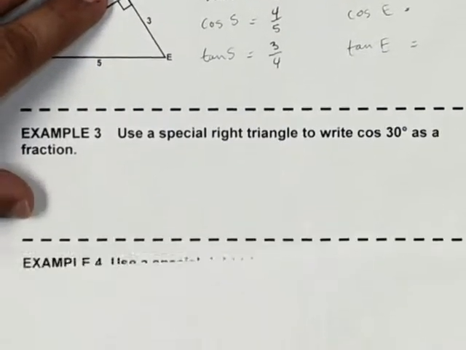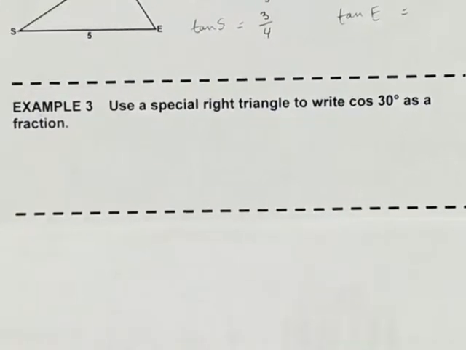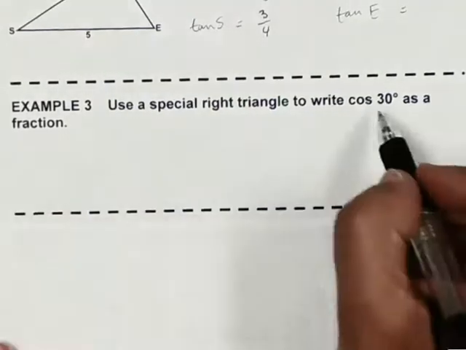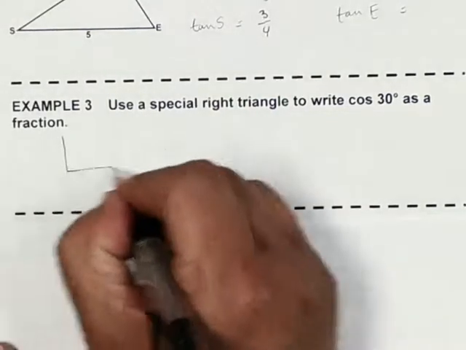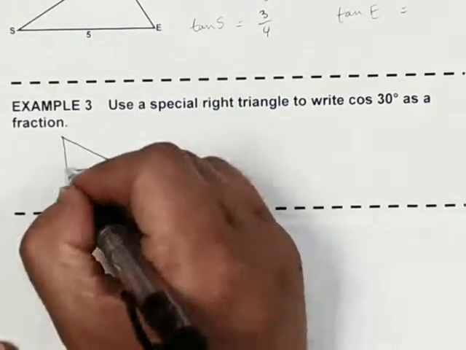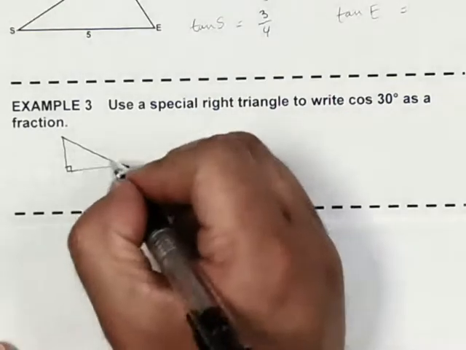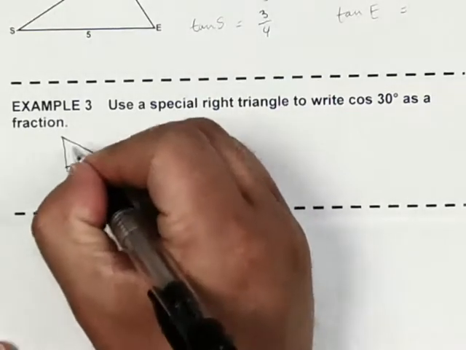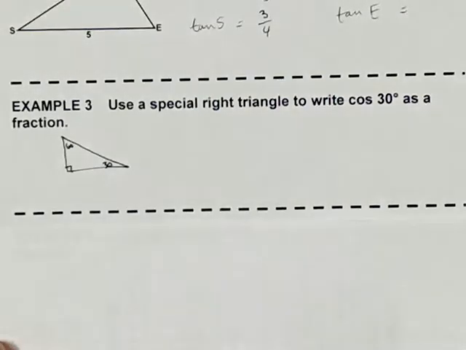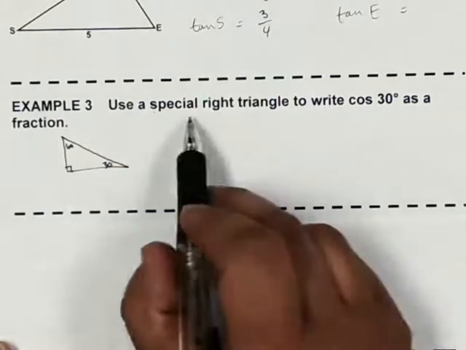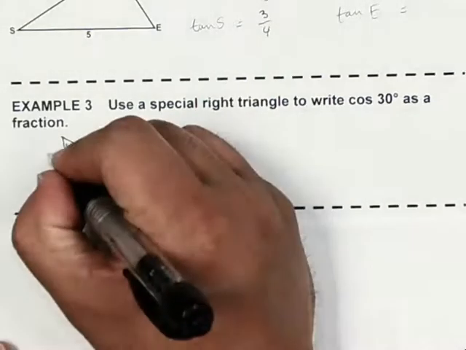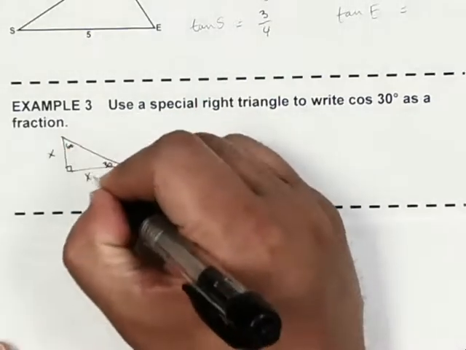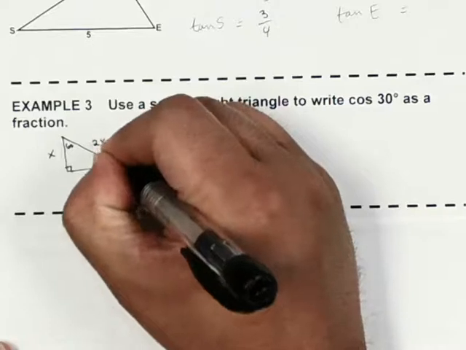Because I want to talk about special right triangles. Remember we had these: if I have a triangle and I know this is 90, and one of the angles is 30, the other is 60. Because special right triangles have a pattern, a formula, this was x square root of 3, and this was 2x.